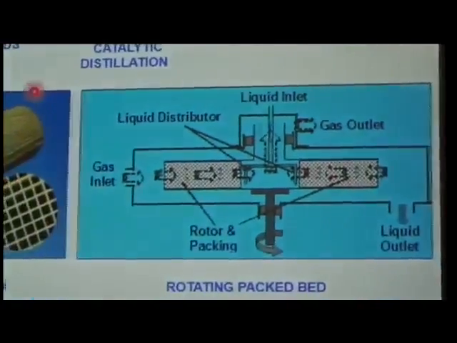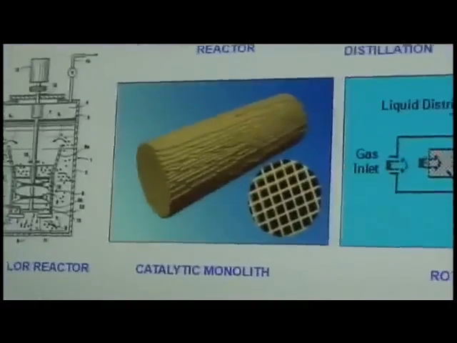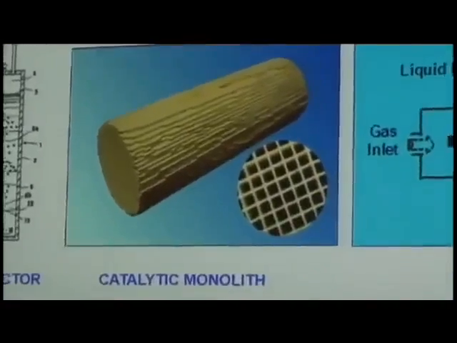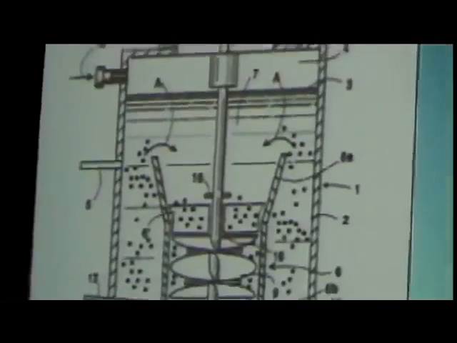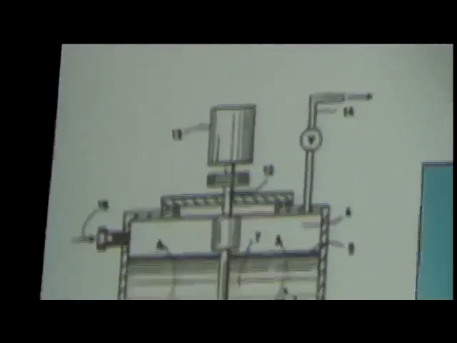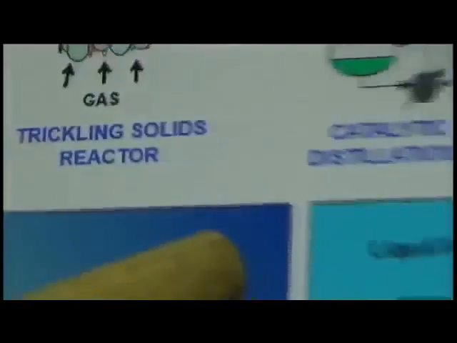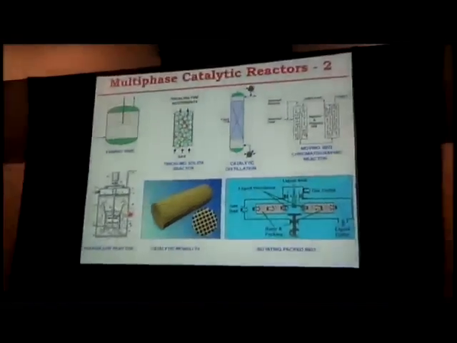And you see over here, we have the trickling solids reactor, catalytic distillation, in which the catalyst is often maintained in bags. For example, the technology that CD Tech has developed. And also moving beds, which have also been developed. Of course, monoliths are widely used not only in vehicular applications, but in stationary sources, and we're going to hear some talks about those a little later today.